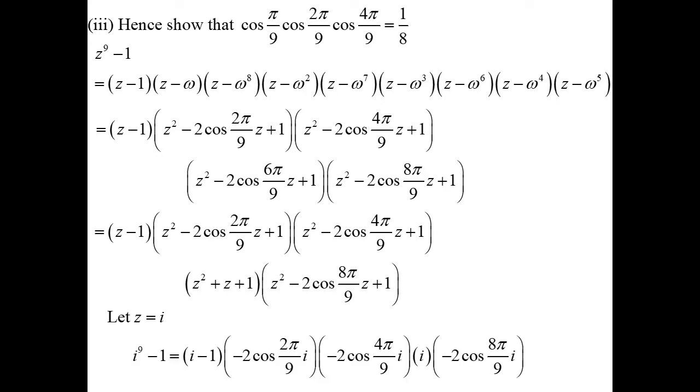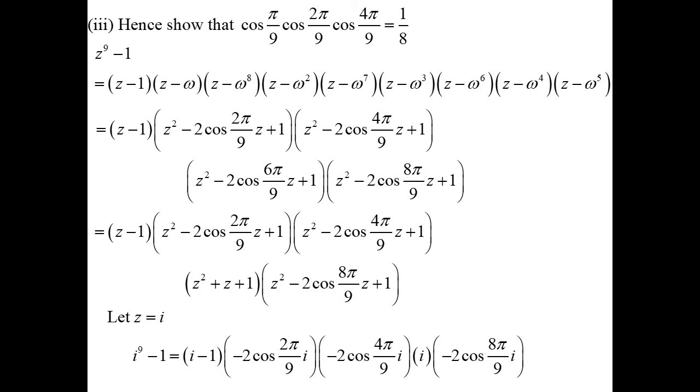So let z equal i. We will have i to the power of 9 minus 1 is equal to i minus 1, but then in the second factor, z squared plus 1 disappears. Next one, z squared plus 1 disappears. Next one, and so on and so on. I am left with this expression here. I now have a product of single terms. Oh, except for that pesky i minus 1 there.